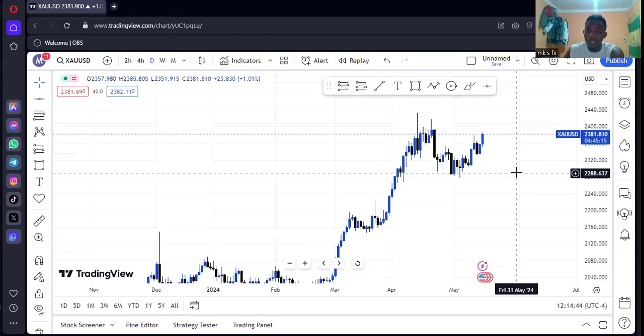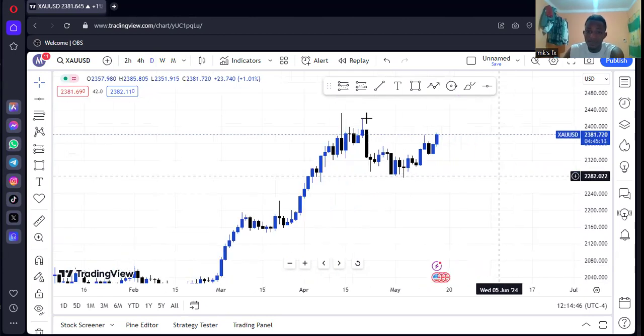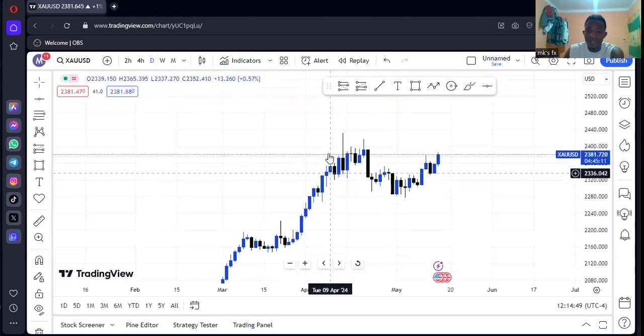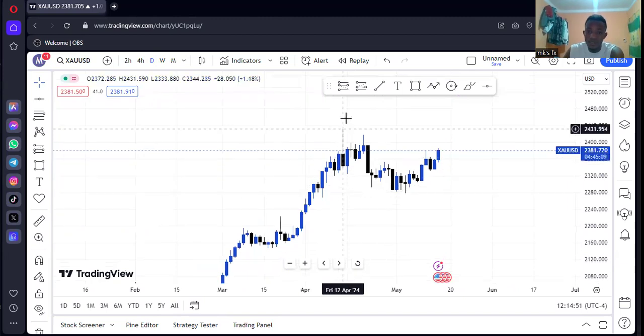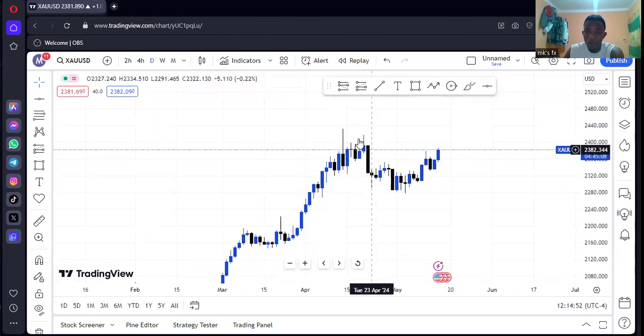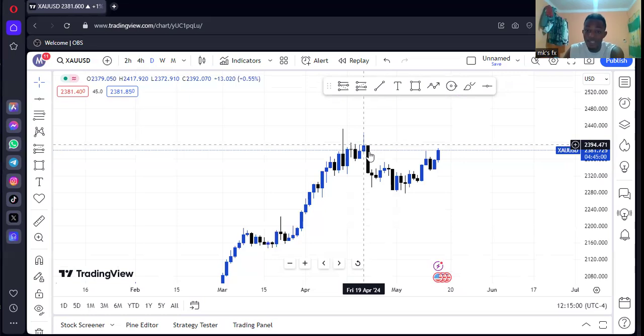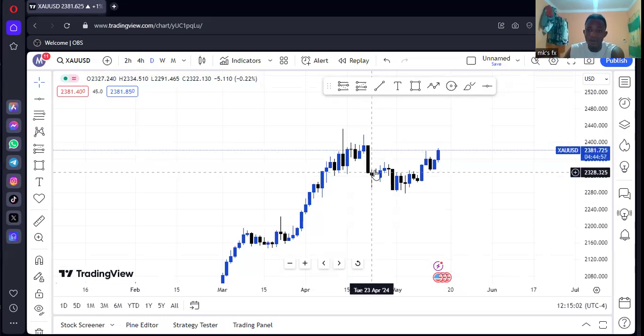Now, number one information from the daily time frame here, guys, take a look at this. You see, gold was really buying up, but at this point, gold had to lose some pressure. Remember, candlesticks are always powerful. At this point, gold sold, like sellers really had that pressure selling down.